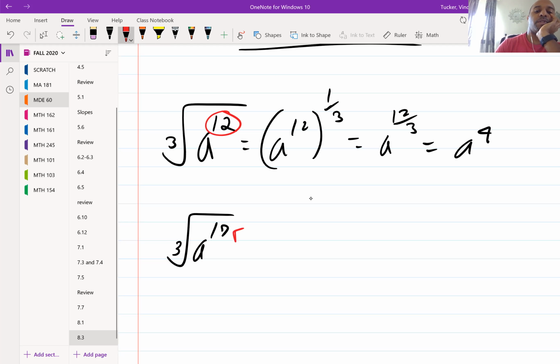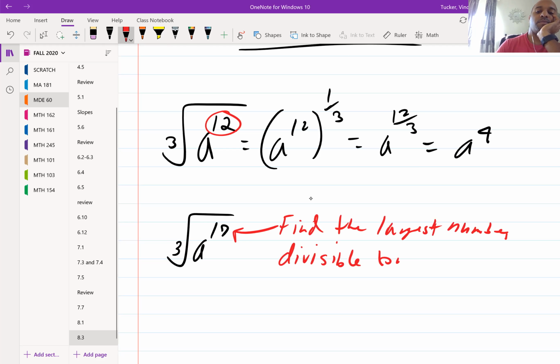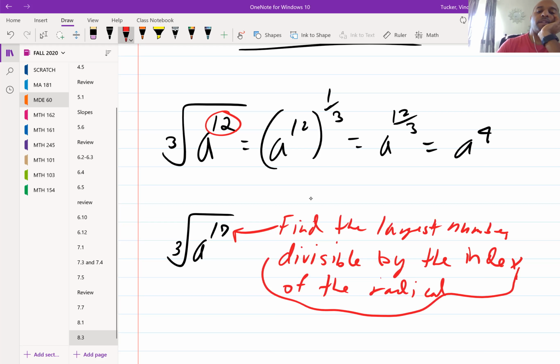So what you would do is look, find the largest number divisible by the index of the radical.